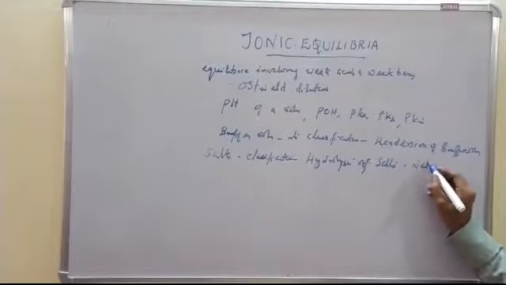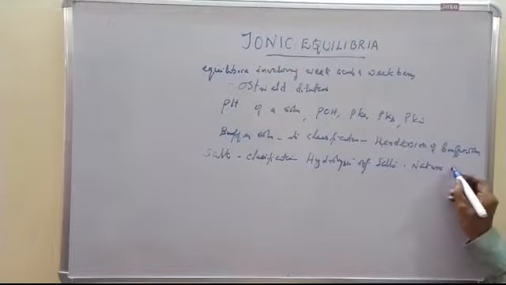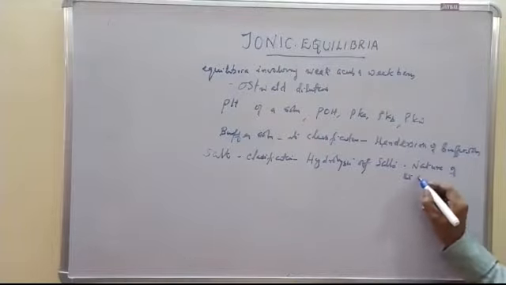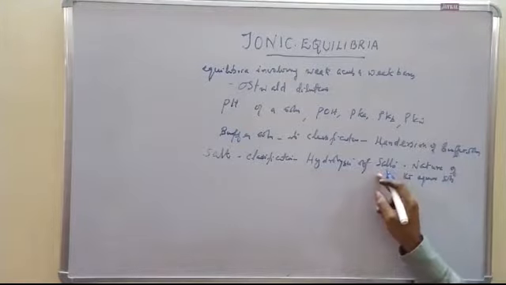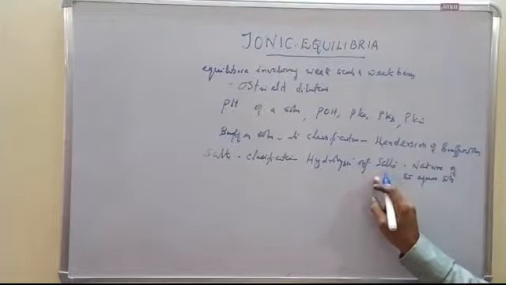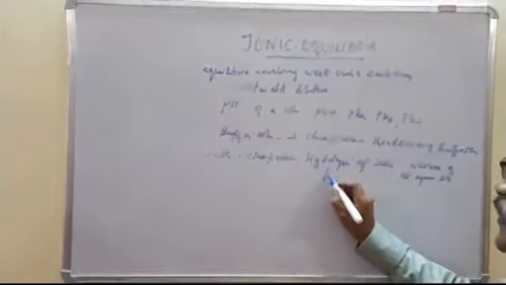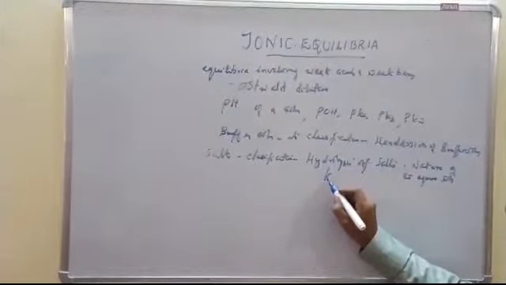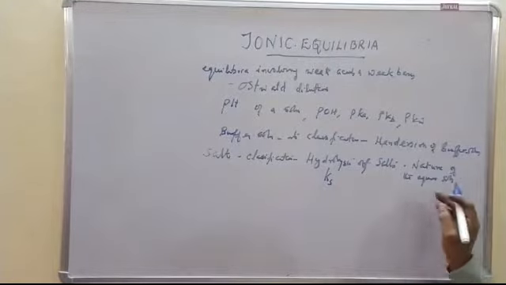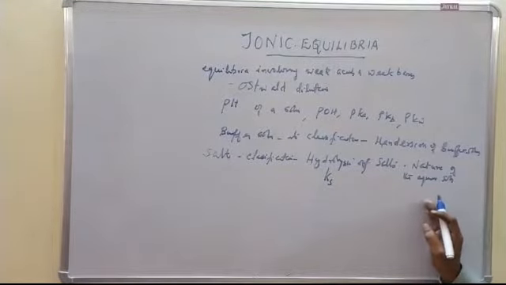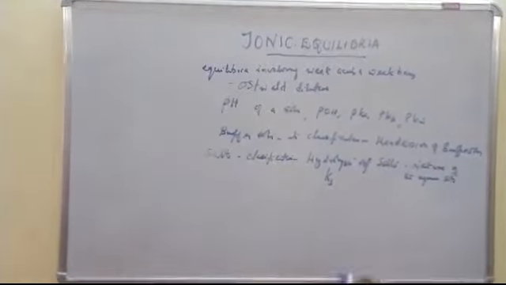The explanation of the nature of the aqueous solution. So what is salt hydrolysis? You have to go through that. Salt hydrolysis and define the hydrolysis constant, that is Ks. You have to define the hydrolysis constant, and you have to explain the nature of the aqueous solution of the salt based on the hydrolysis.